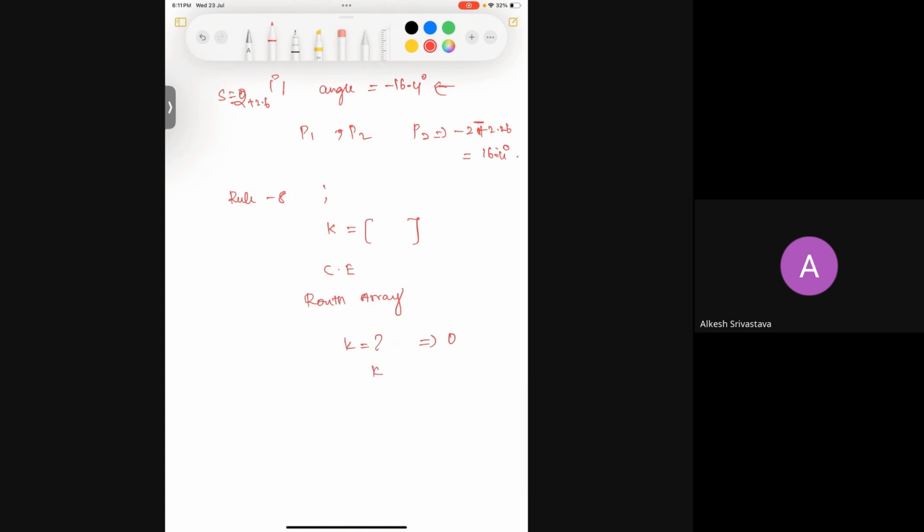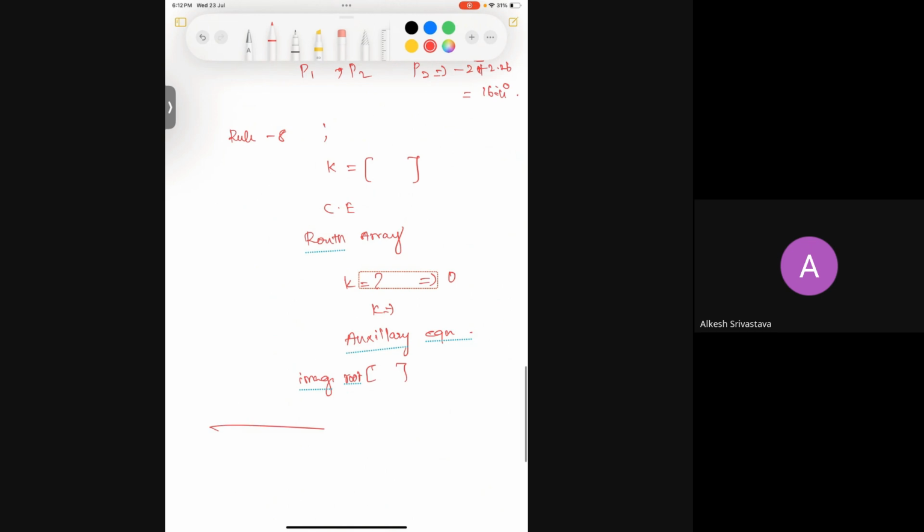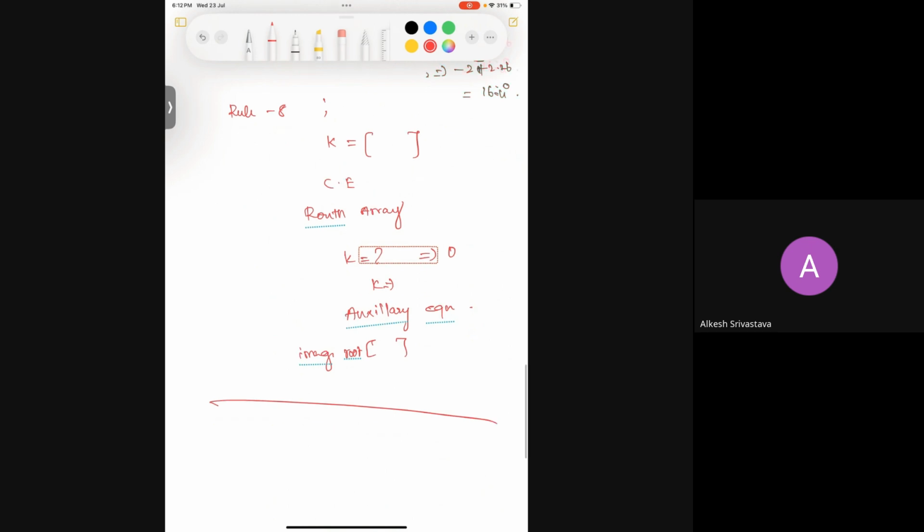So that is the K value. When you put it in the auxiliary equation, you will have an imaginary root. So that is the imaginary point where this root locus is going to cross. That's it. This is the entire root locus plot for this particular system.